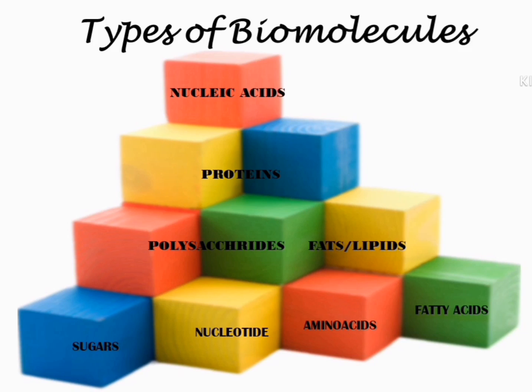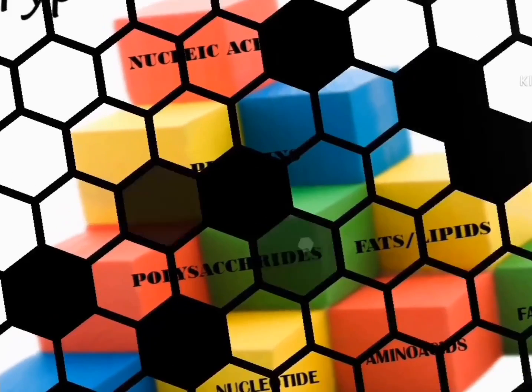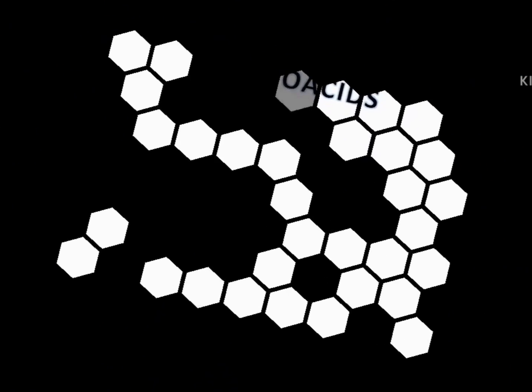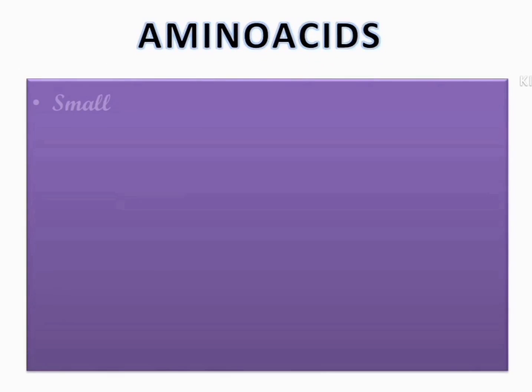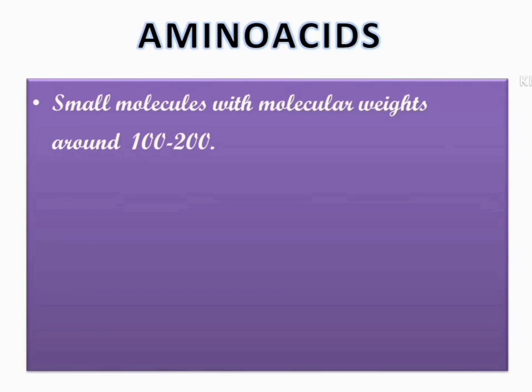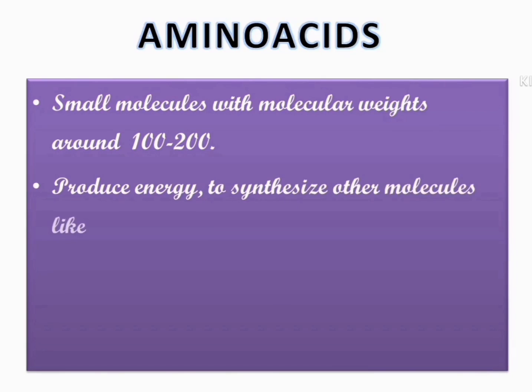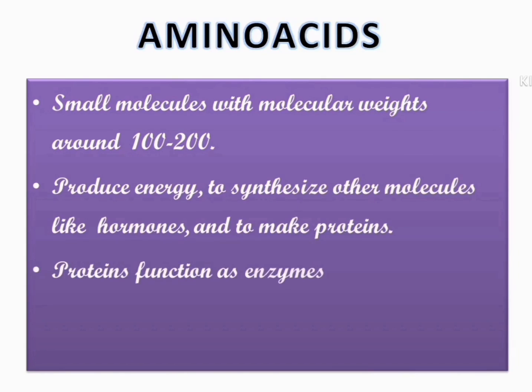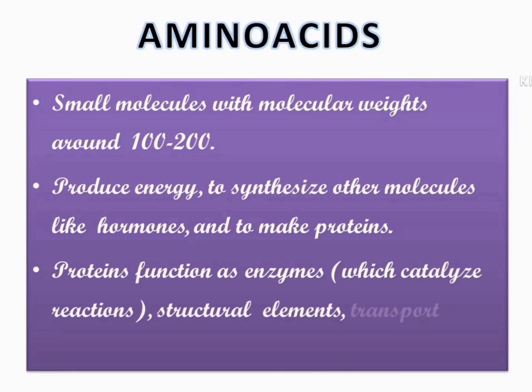The next slide will be dealing with amino acids and proteins. Amino acids are relatively small molecules with molecular weight around 100 to 200. They are used to produce energy, to synthesize other molecules like hormones, and to make proteins.